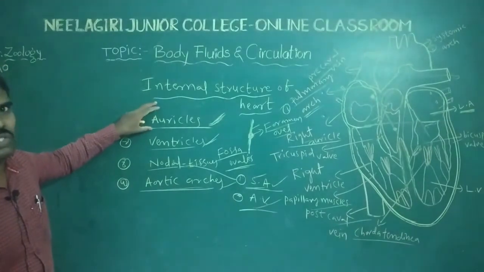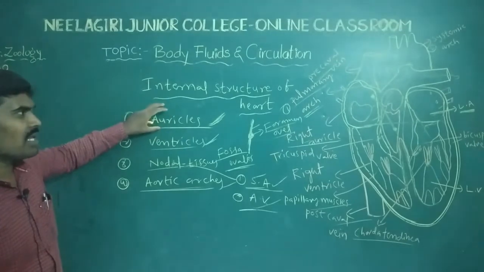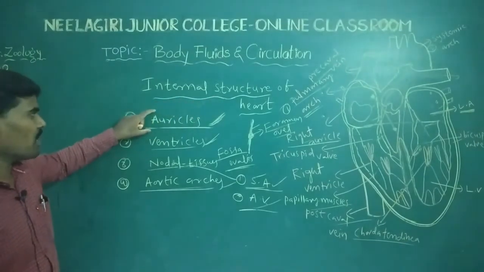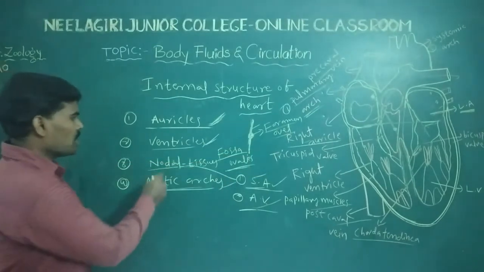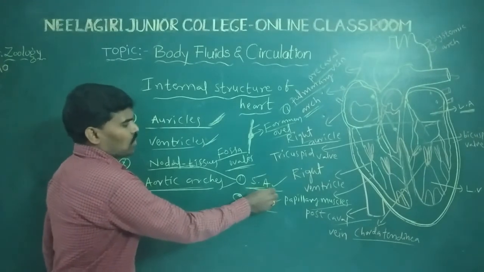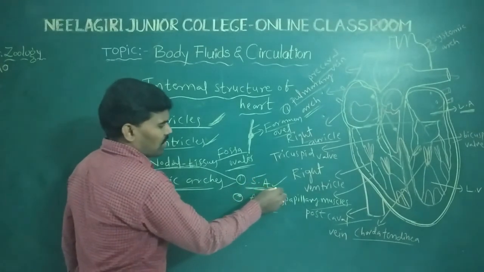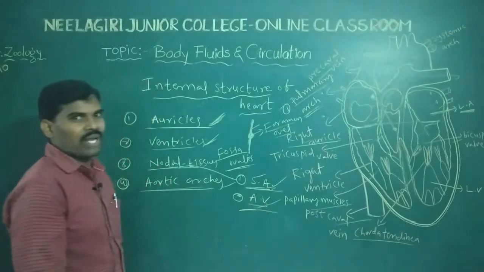How many ventricles? Two ventricles. Auricles occupy the upper part of the heart, ventricles occupy the lower part. How many nodal tissues? Two nodal tissues. SA node means sino-auricular node, and AV means auriculoventricular node.